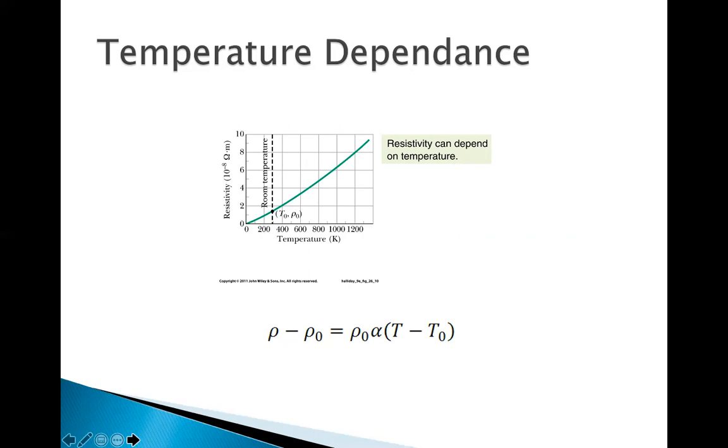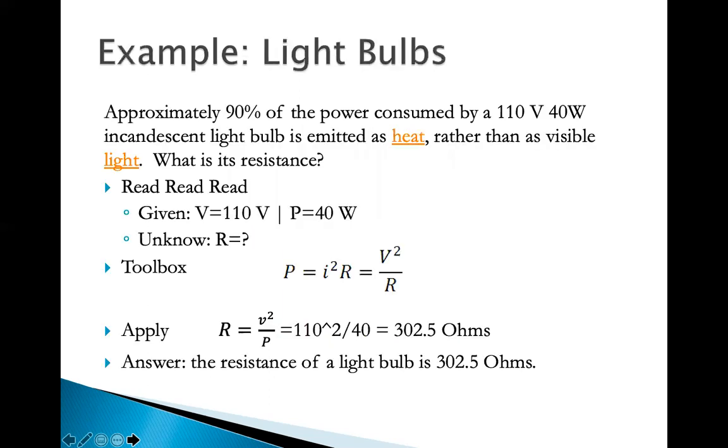You can see when temperature increases or decreases, the wire's resistance can change. When designing a circuit indoors, the temperature is probably close to room temperature. But if you design any device or circuit that's used outdoors, you have to take into consideration the fact that the wire's resistance can actually change with temperature.